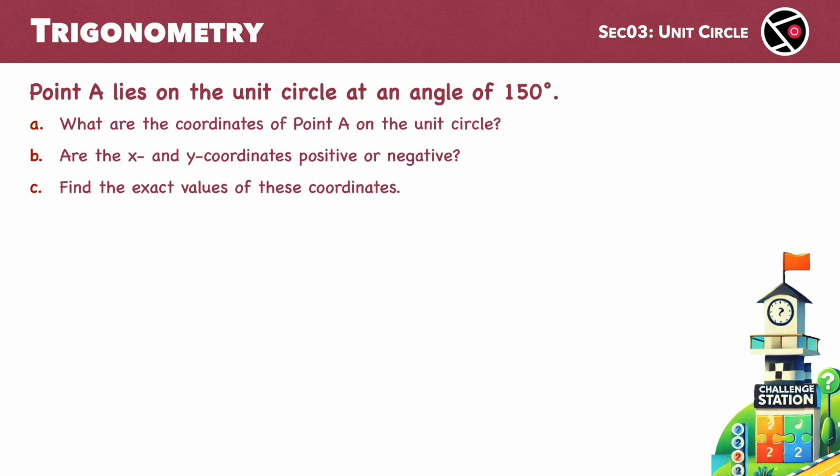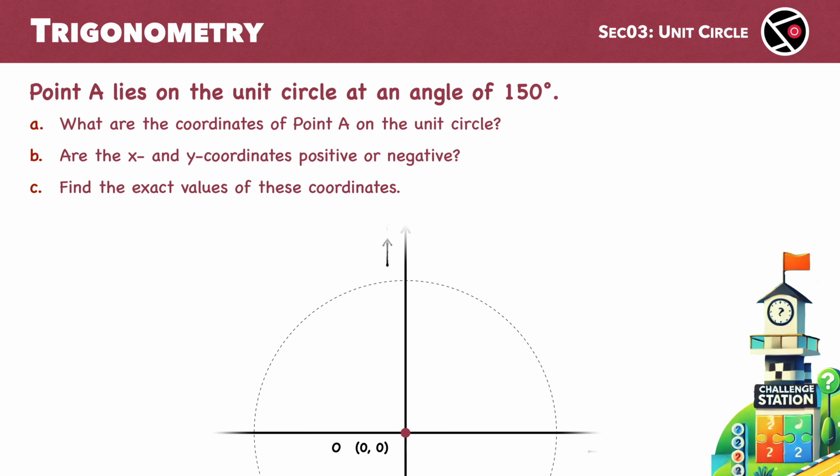Alright, what do we have here? Point A is on the unit circle at an angle of 150 degrees. We have the unit circle, and here is point A at 150 degrees. Now we need to find the coordinates of this point.